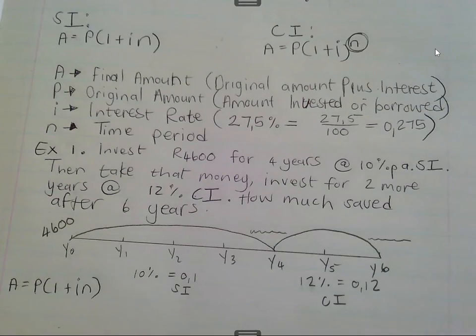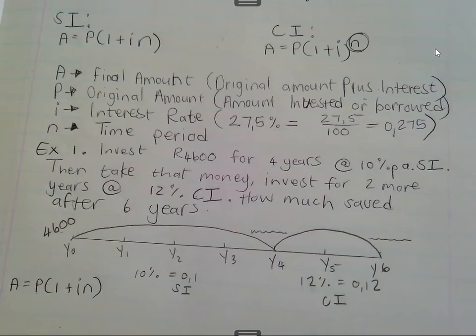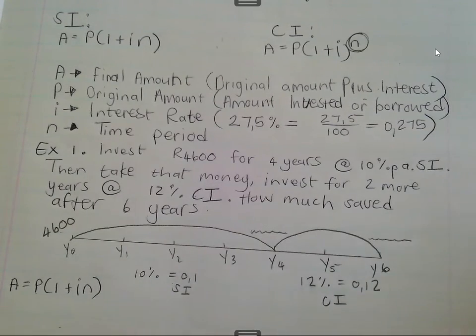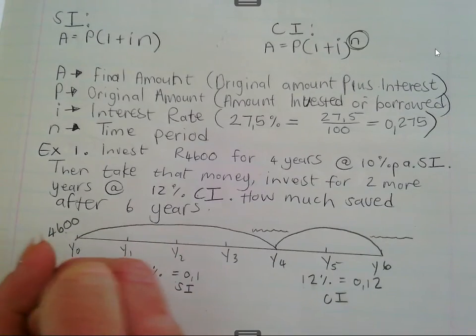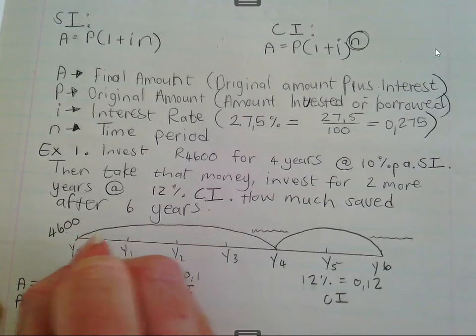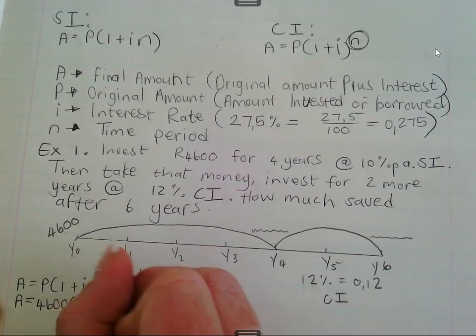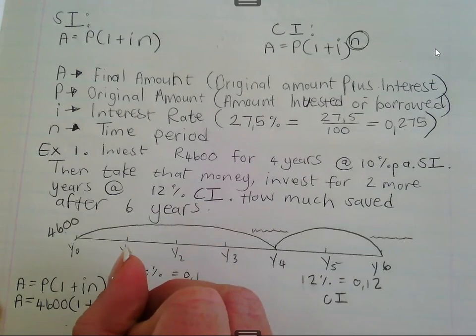Okay, but in this case, they've given me the original amount, they've given me the interest rate, and they've given me the time period. So I'm going to calculate it. I want to find the final amount. A is equal to 4,600 Rand times 1 plus 0,1 times how many years? 4 years.